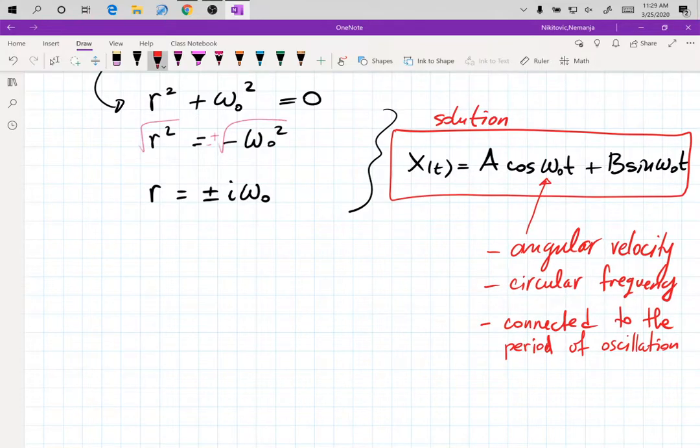So what we are going to do here is now we're going to understand a little bit of what these constants and variables are. So to analyze this a little bit, we can either, well, first of all, there is a way to combine this answer into another answer in terms of a cosine only.